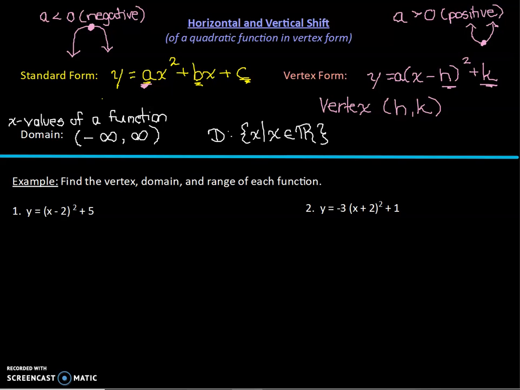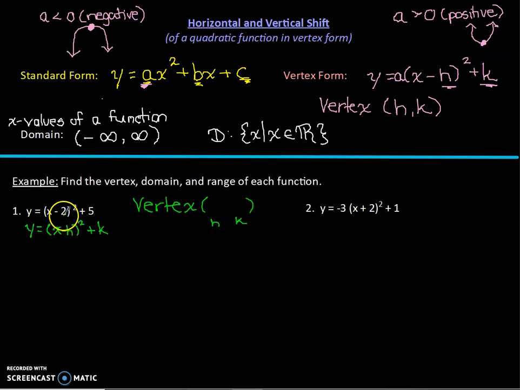So if you look at number 1, it's already written in vertex form, because if I write vertex form right underneath it, I have an amplitude of 1, so I'm not going to write that. (x minus h) squared plus k. So my vertex, which is known as h and k, is (2, 5).